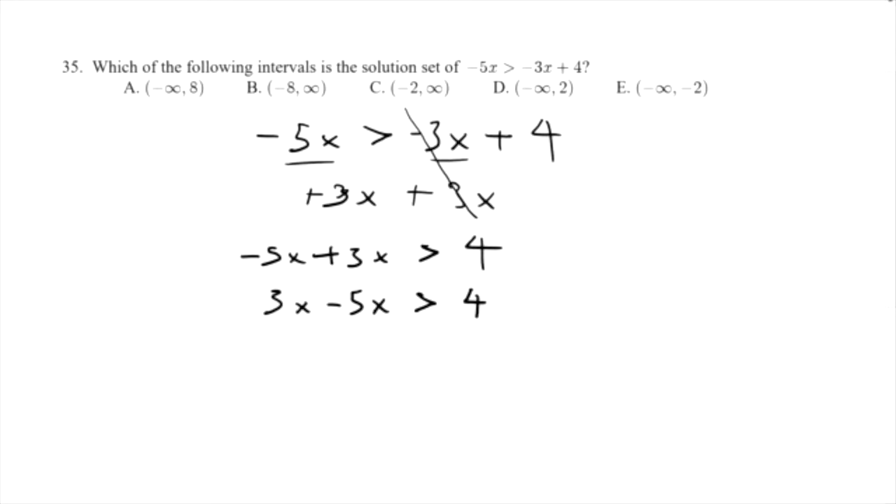Since x is distributed on both sides, we can do 3 minus 5, and this will give you x multiplied by negative 2 over 4.